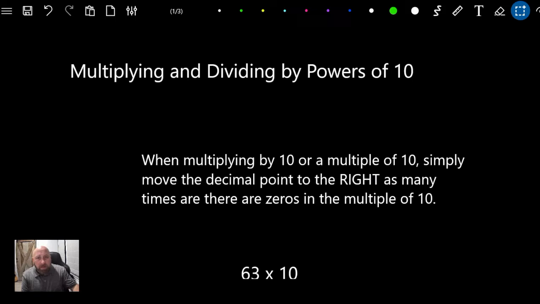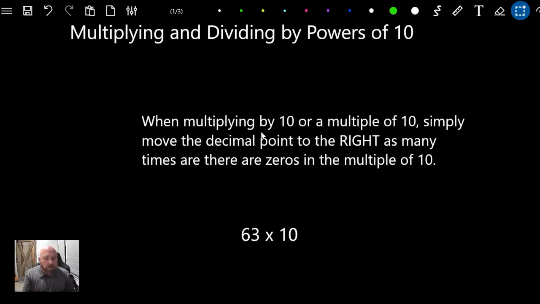All right, so go ahead and make sure your book is open to page number 21, and we'll be on lesson number 5 there. So when we're dividing or multiplying by powers of 10, look down here, and I've got some things written down. So when multiplying by 10, or a multiple of 10. You say, what is a multiple of 10? It's like 10 times 10 or 10 times 10 times 10.